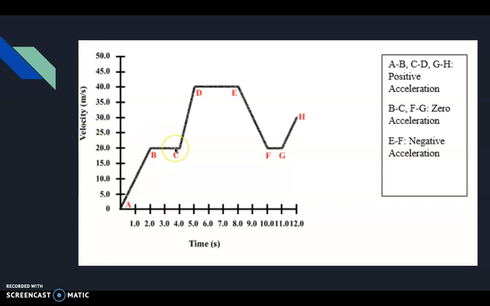So these represent constant motion, which can also be referred to as zero acceleration. Essentially, there isn't a change in motion. And then last, this section here, this negative slope refers to negative acceleration or a decrease in speed.